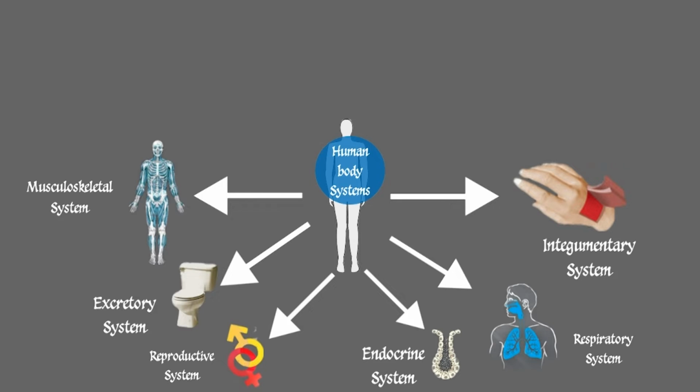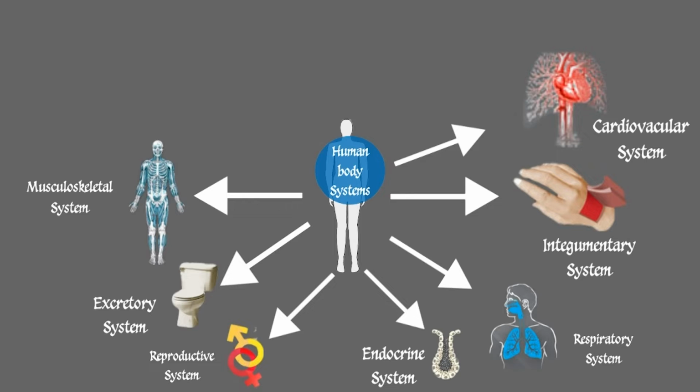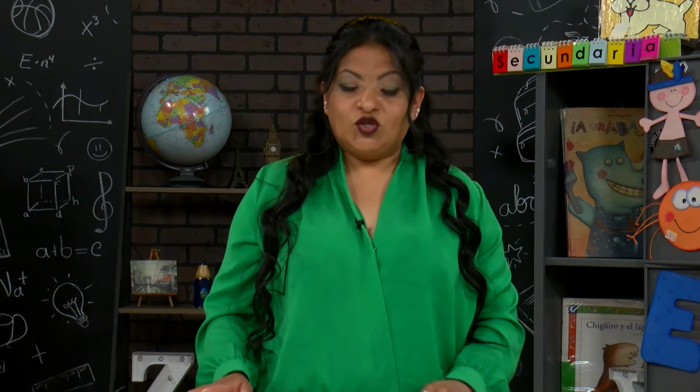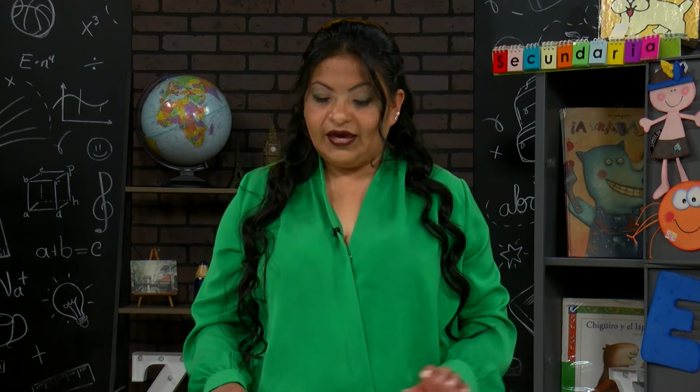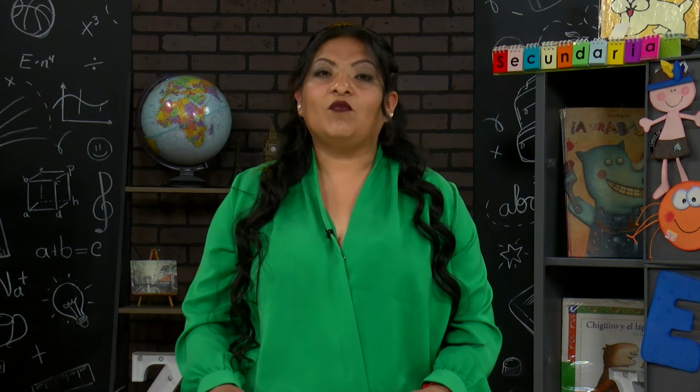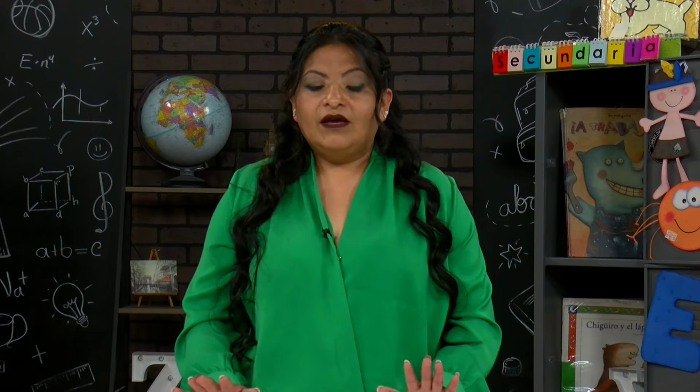Respiratory system. Cardiovascular system. Digestive system. Immune system. And nervous system, right? So in this case, you can see what the human body systems are.